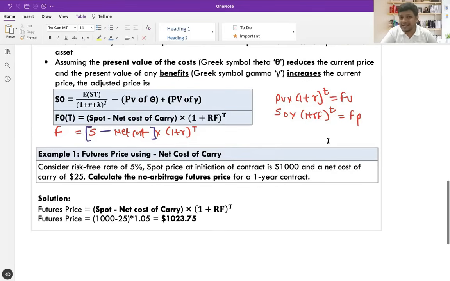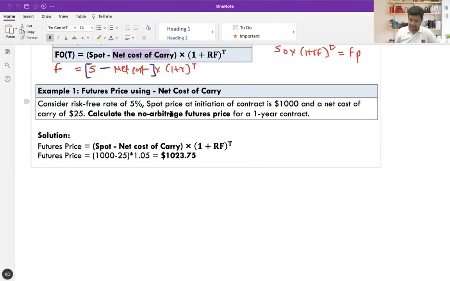So what do you notice? The future price is spot minus net cost of carry into (1 + RF)^T. Basically, I will now conclude: future price equals spot price minus the present value of benefit, because I'm not going to get it, plus the present value of cost, if any.